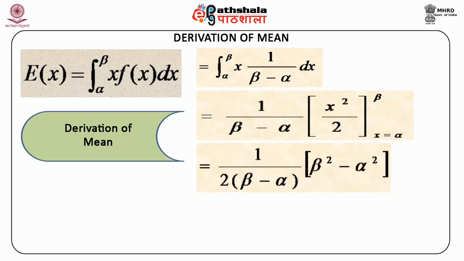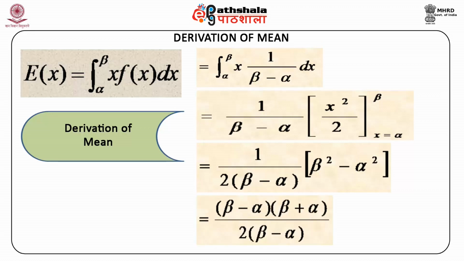This is equal to 1 upon 2 into (beta minus alpha) multiplied by (beta square minus alpha square), which is equal to (beta minus alpha) into (beta plus alpha) upon 2 into (beta minus alpha), equal to (alpha plus beta) upon 2.